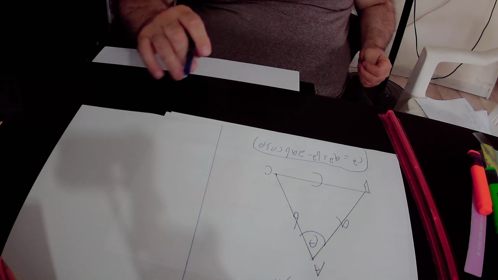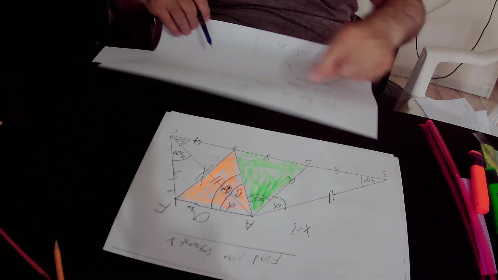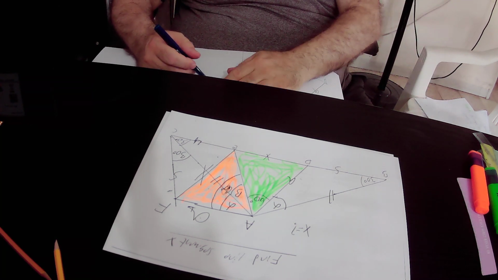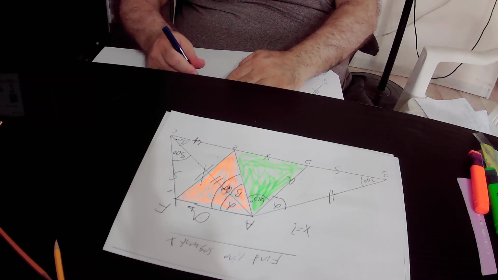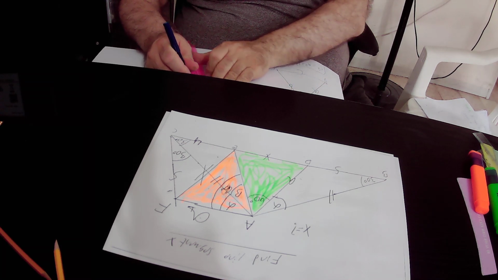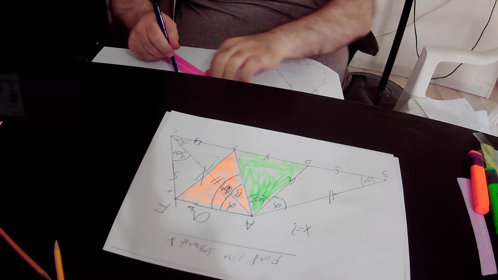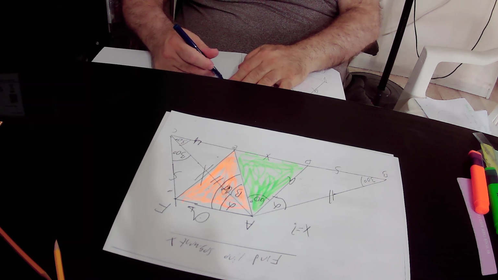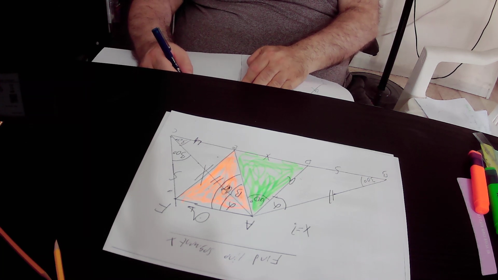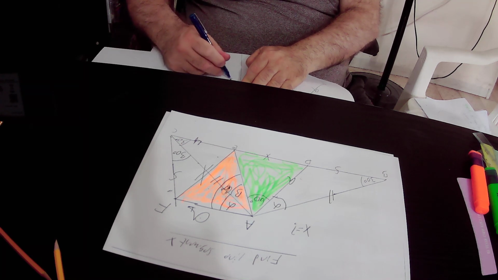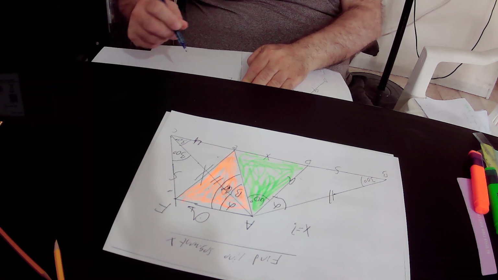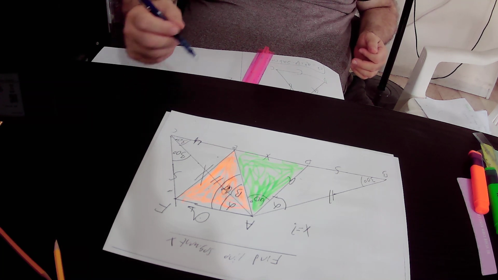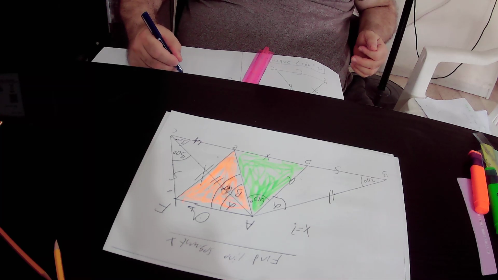So we can actually implement the law of cosines in triangle EFC. So I copy triangle EFC in this page and we implement the law of cosines in this triangle. Angle ECF is equal to 30 degrees plus 30 degrees, that is to say it is equal to 60 degrees.